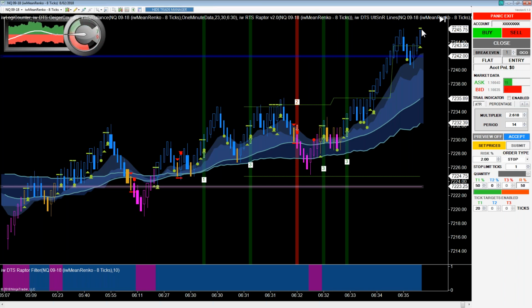So the hash mark will always print one tick above, or in the case of a sell, one tick below the signal bar. The signal bar is the one with the triangle, and it will also print a hash mark. Again, that is a suggested entry. You don't have to take it right at the hash mark.